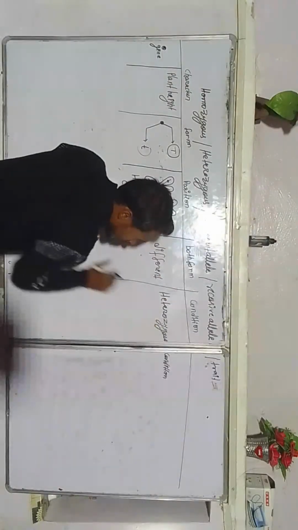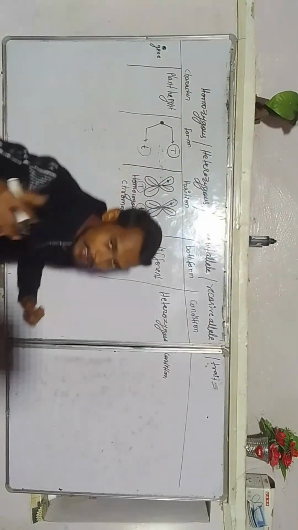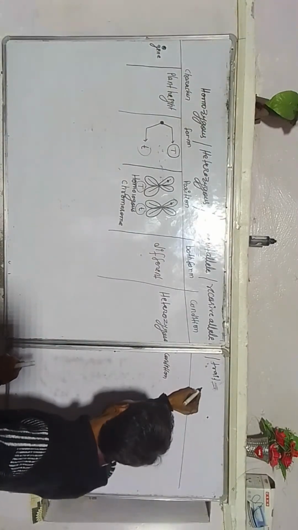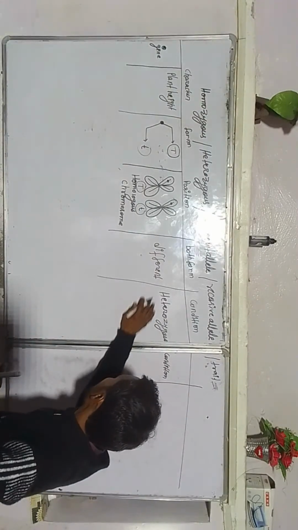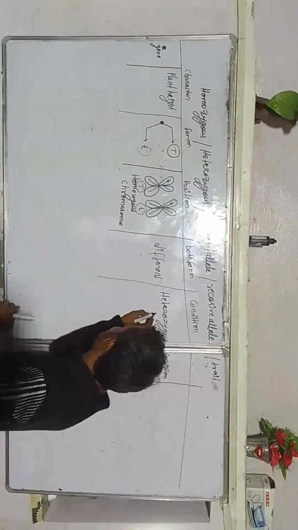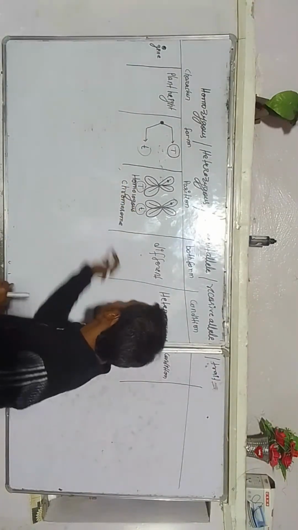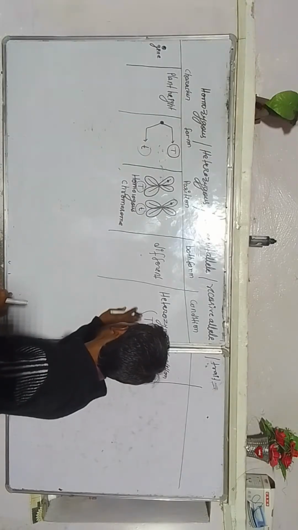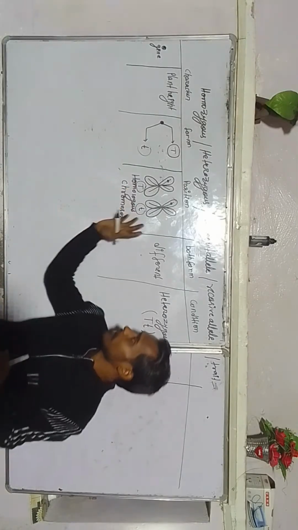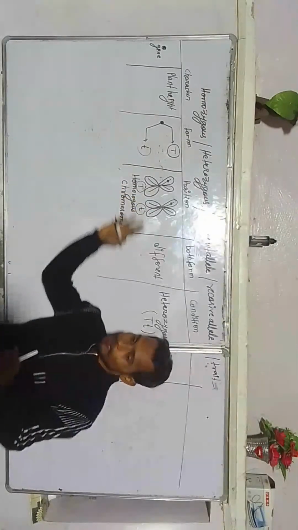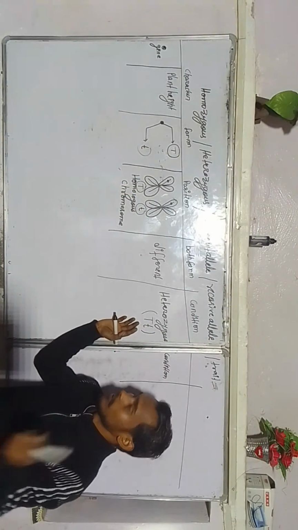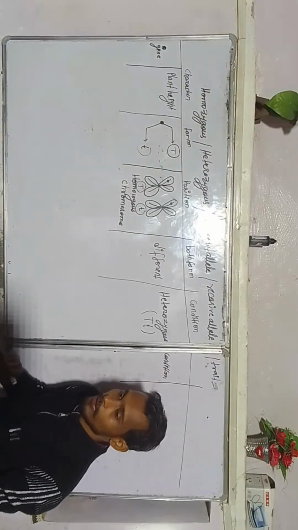Hetero means different. Okay, you got it. So heterozygous means capital T small t, because chromosomes always occur in pairs.